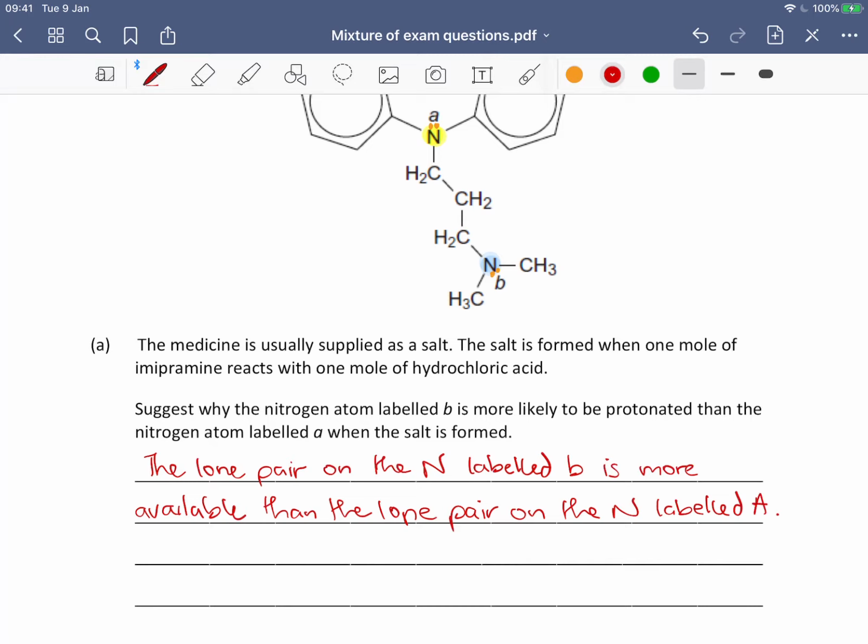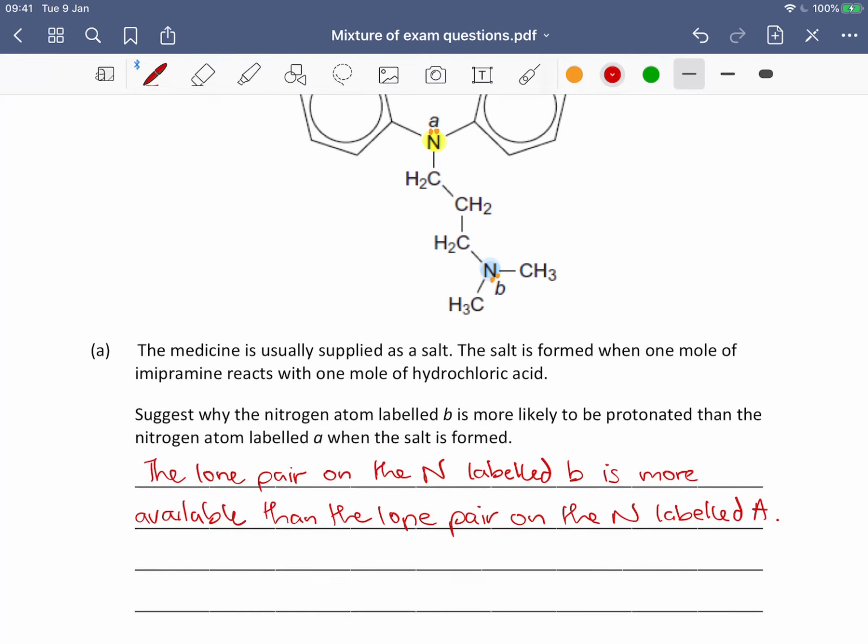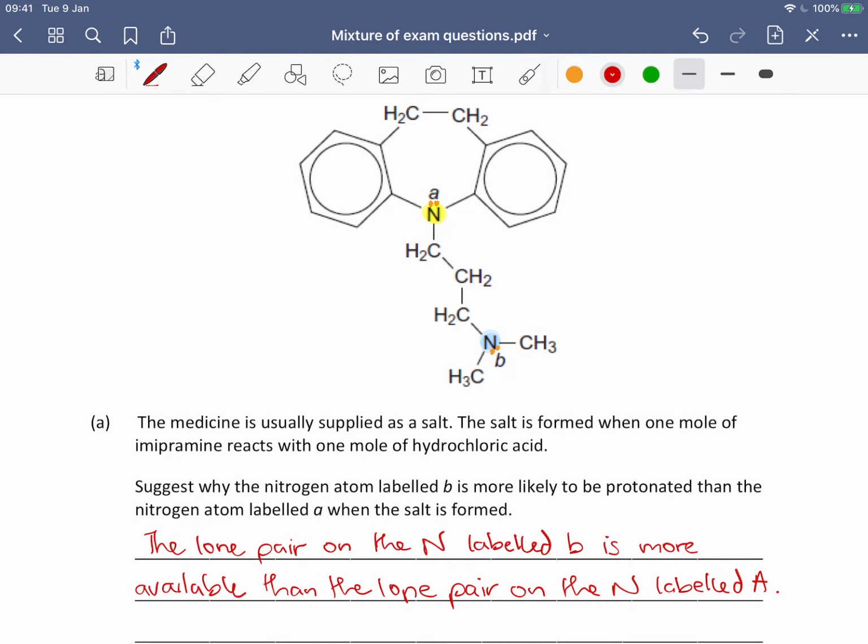Okay, now we have to explain it, all right? So now we have to give a reason for this. And if we think back to when we did the comparative basic strengths of amines, it was all about what groups were attached to the nitrogen. They could be electron withdrawing groups, or electron donating groups. So if we look at what's attached to nitrogen A, we've got 2 phenyl groups.